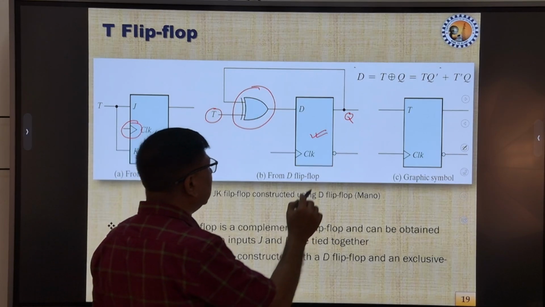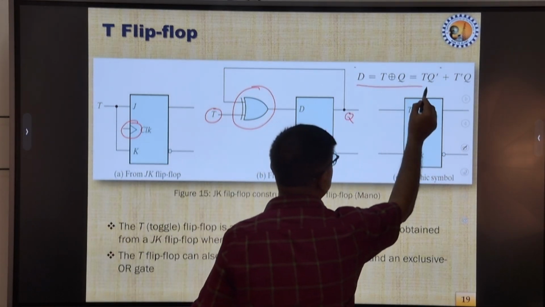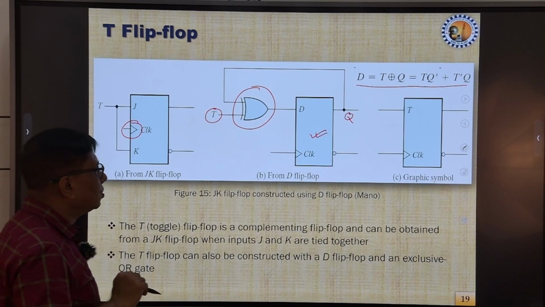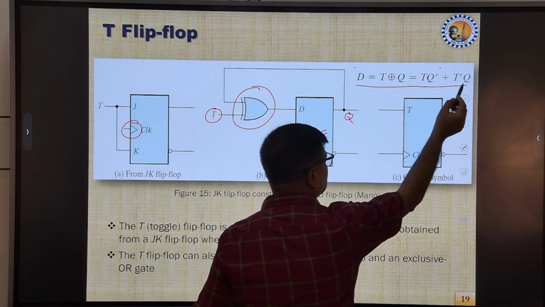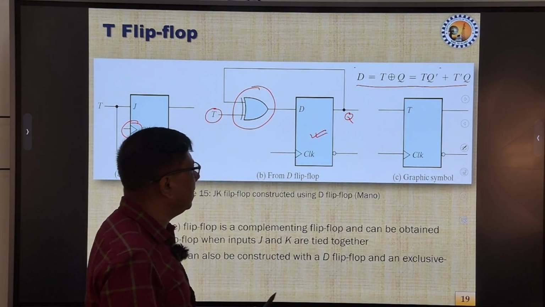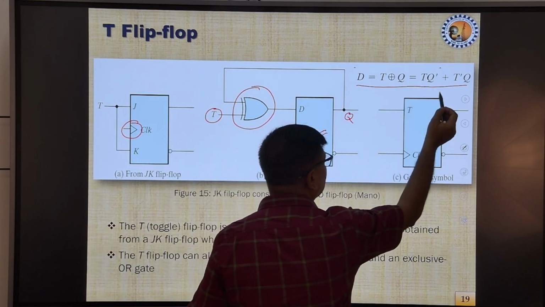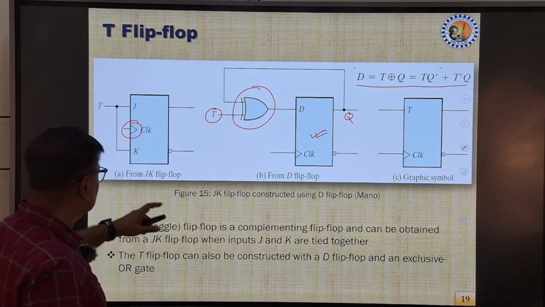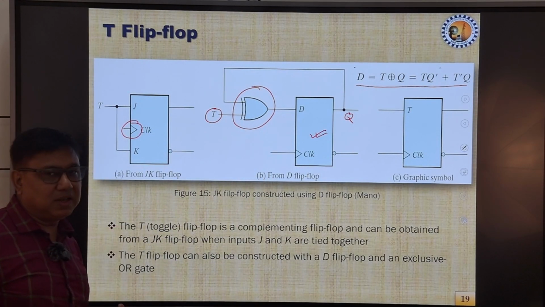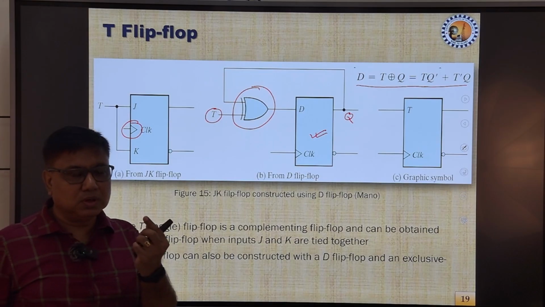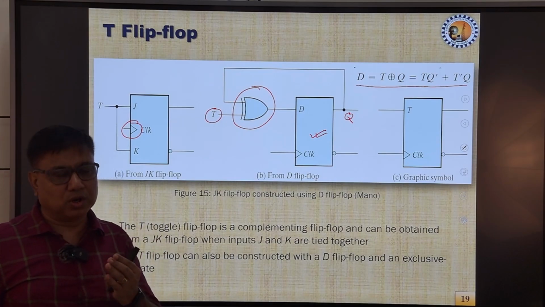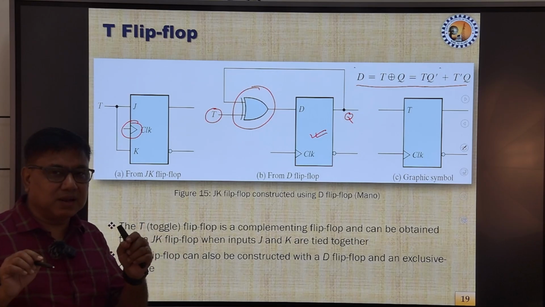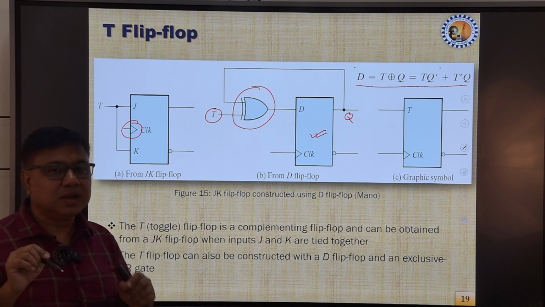The Boolean expression for this is D equals T XOR Q. The XOR expression in expanded form is T Q bar or T bar Q. So the T flip flop has the advantage that it has one data input and one clock input, unlike the JK flip flop. If we take a JK flip flop, from there also we can make a T flip flop.